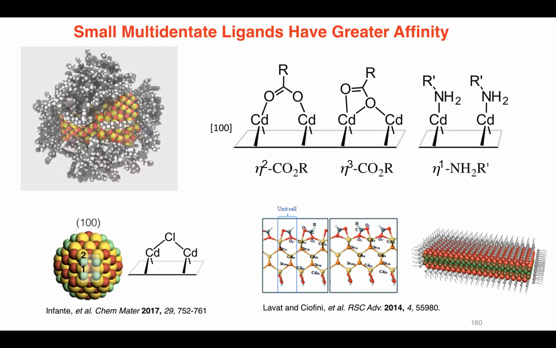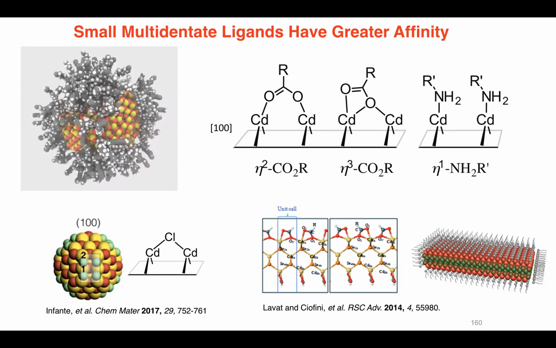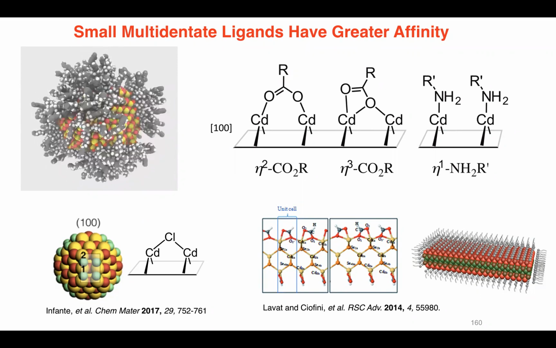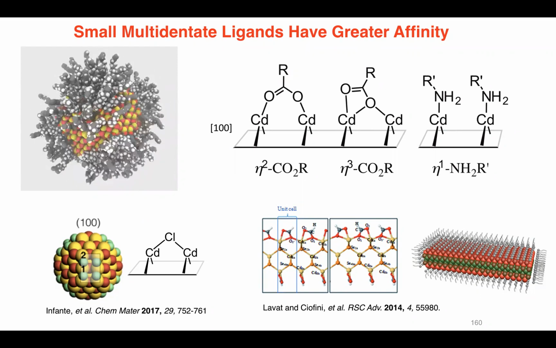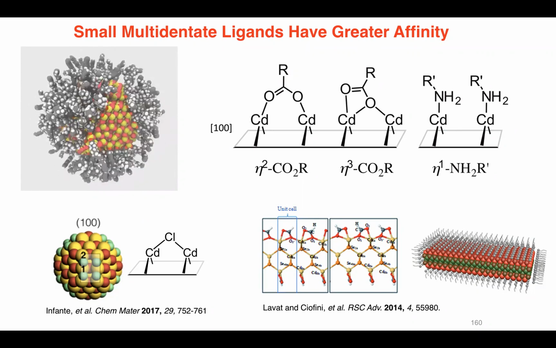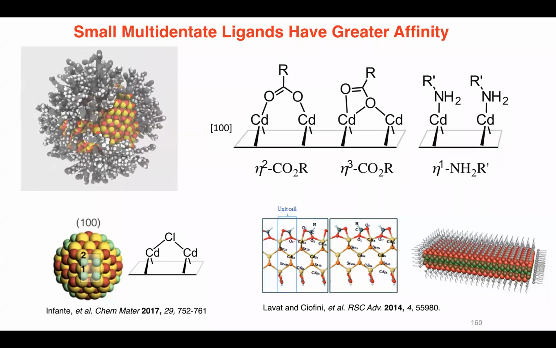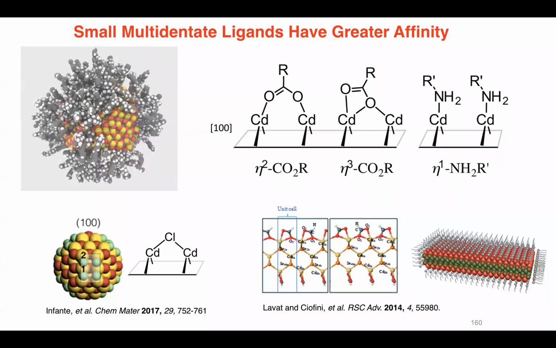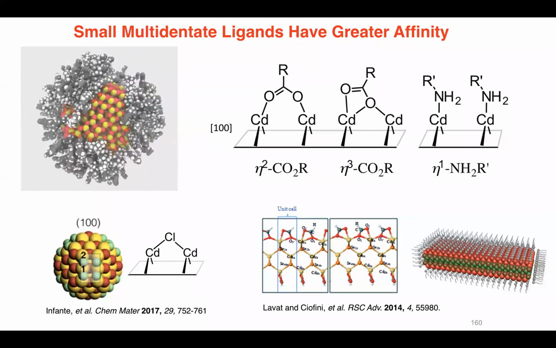And it turns out that there's a preferential binding of those carboxylates to the 1,0,0 surface of that material. Okay. And the reason there's preferential binding is that the carboxylates can chelate. They make multidentate interactions.